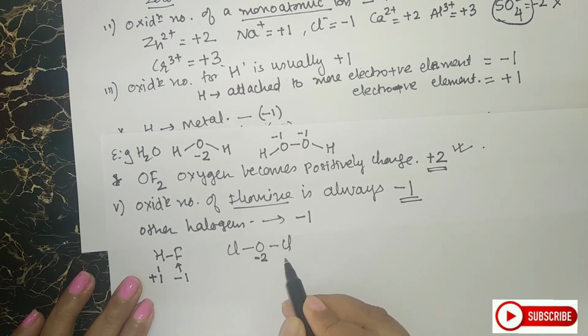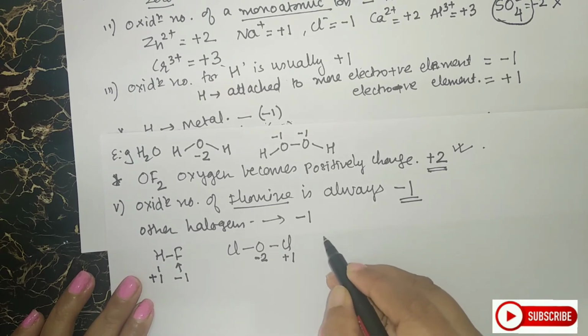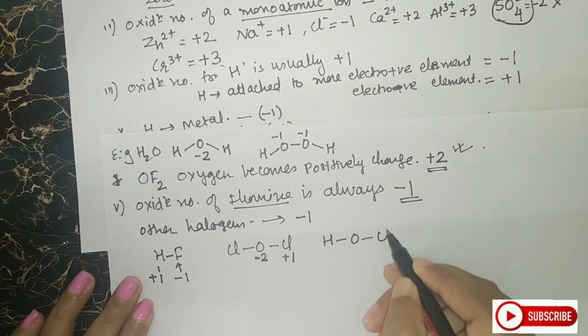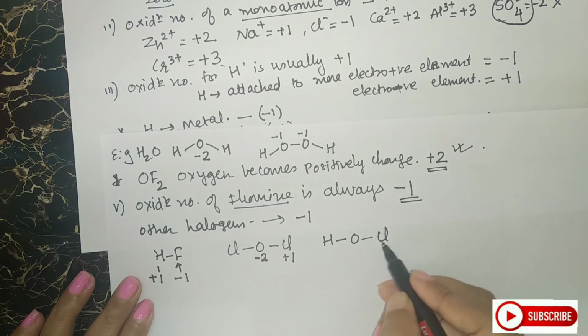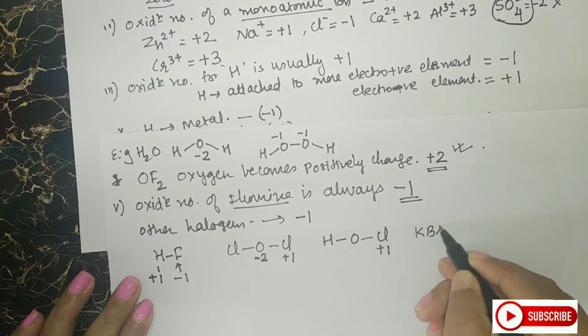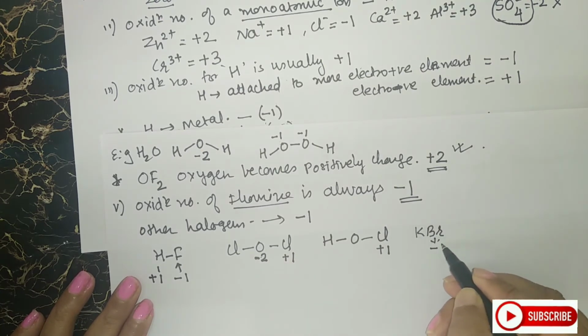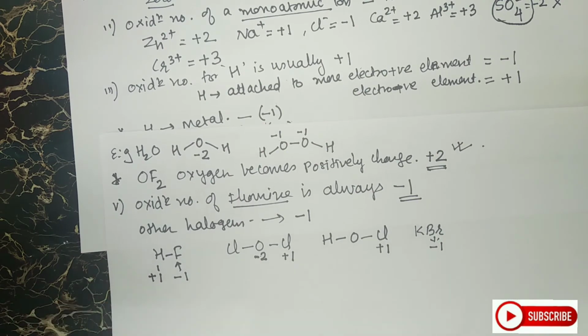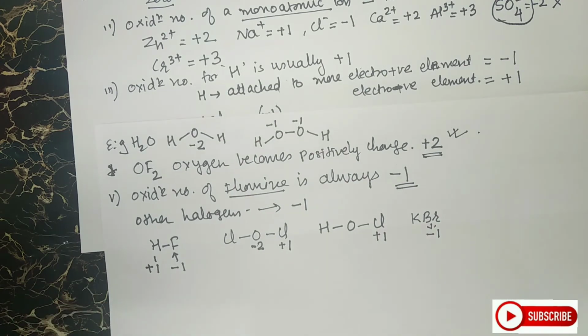In that case, chlorine becomes +1. Now the next example is HOCl. If you see this molecule, here also chlorine will have +1 because it is attached to oxygen. If I take KBr, then this becomes -1. So this is how you assign the oxidation states for halogens.